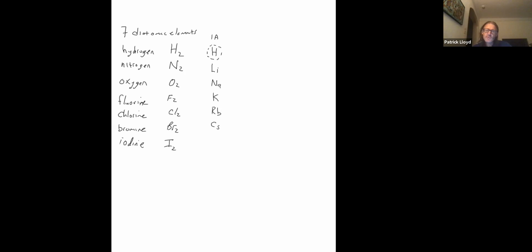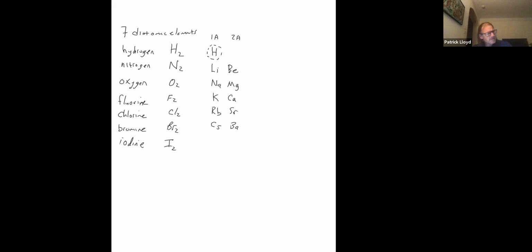So that's column 1A or family 1A of the periodic table. Then you have column 2A. Now 2A is empty in the first row for reasons we'll get into later in the course. And none of these elements are diatomic. So far it's only hydrogen.